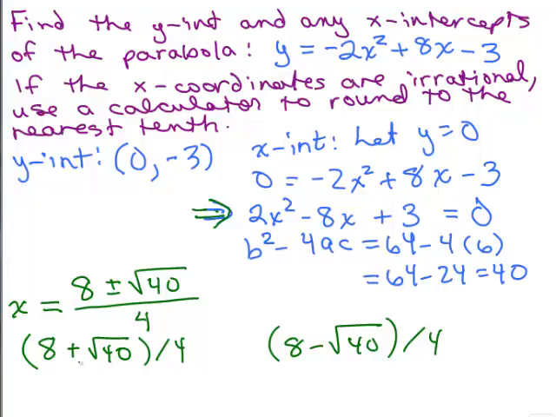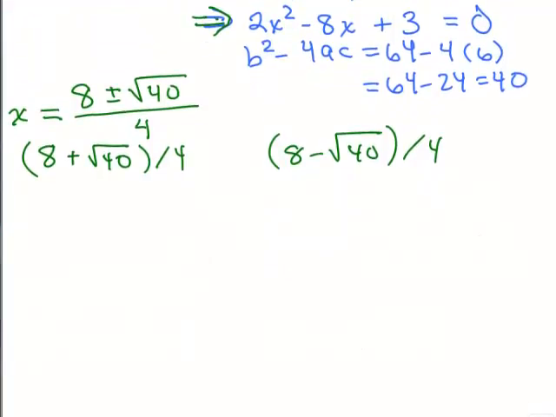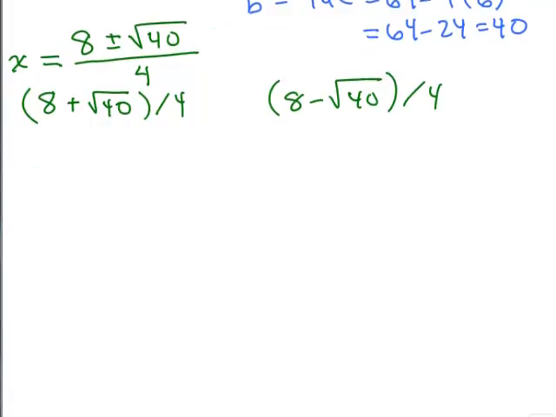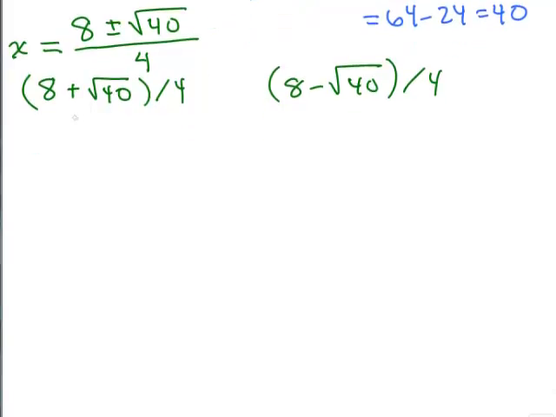I would use this if I was going to just put it in the calculator. If you were going to write the exact answers, you would simplify the square root of 40. We're going to do that later just to show that it doesn't matter if you do that first or not. If I put these in the calculator, the first one simplifies to about 0.4. And the second one is, I think, 3.6, or is it the opposite?